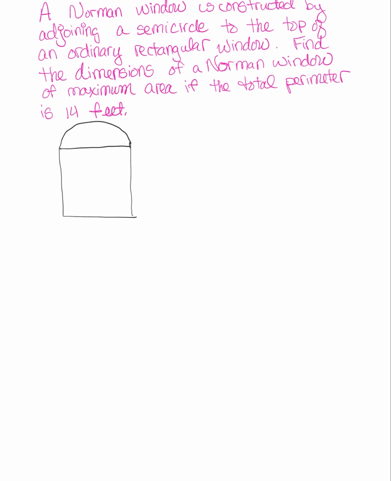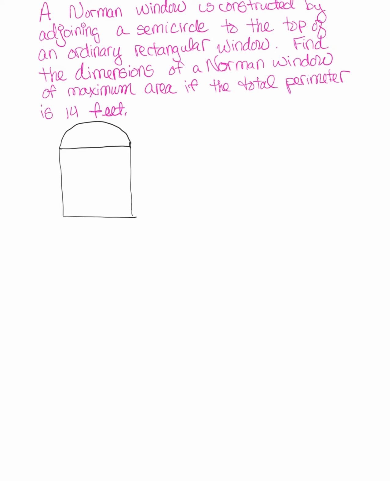Okay, so back to the math. It says, a Norman window is constructed by adjoining a semicircle to the top of an ordinary rectangular window. So we have that. We have our semicircle here, and we have our rectangle there. And it says to find the dimensions of a Norman window of maximum area if the total perimeter is 14 feet.